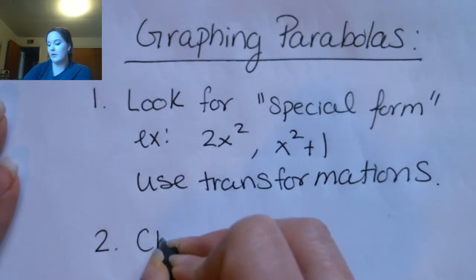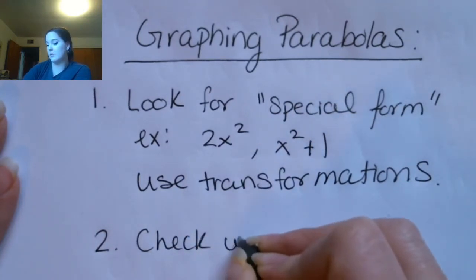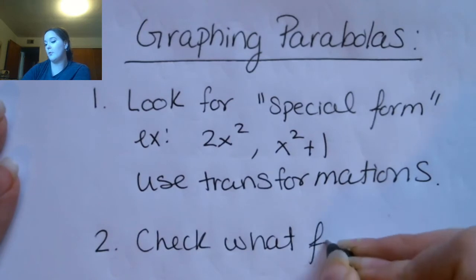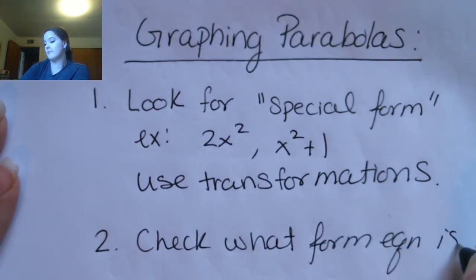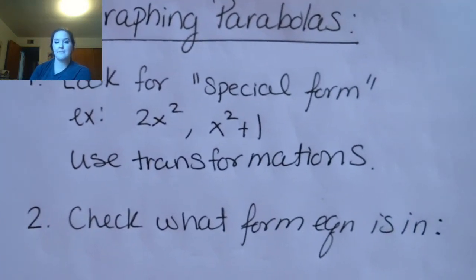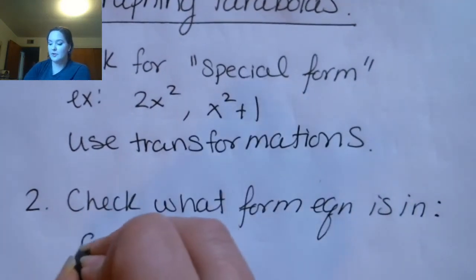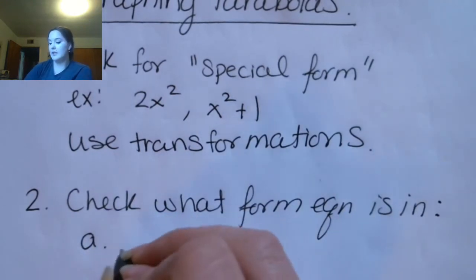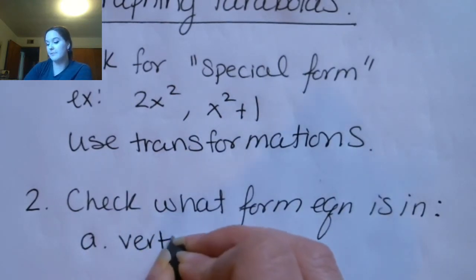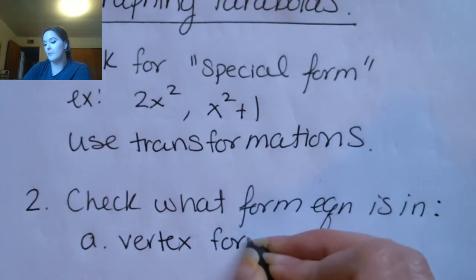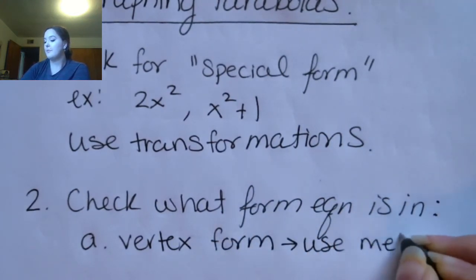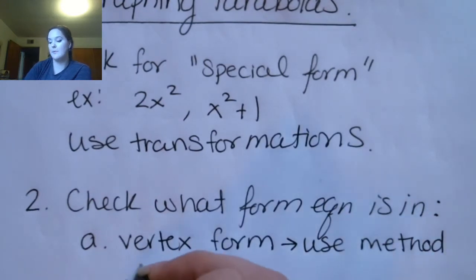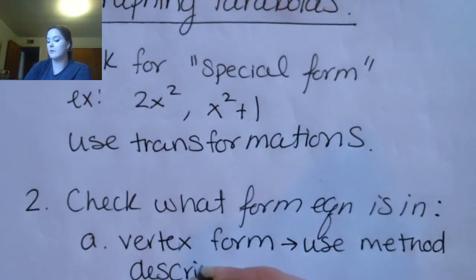you're going to check what form the equation is in. So the first choice is it's in vertex form. Then you're going to use the method described in the previous video.